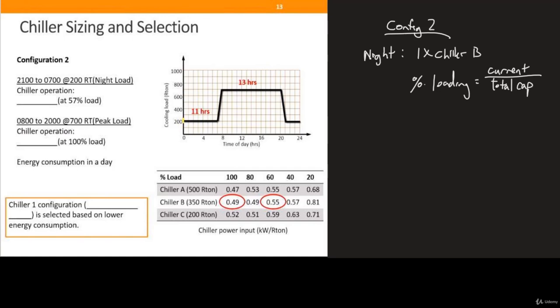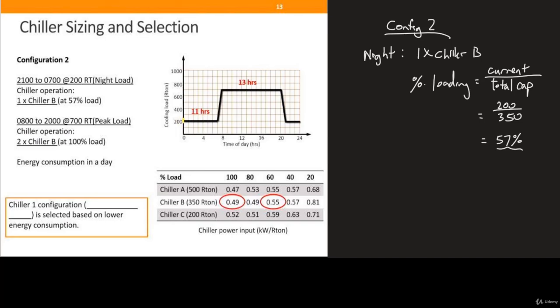Your current loading during the night time is 200, and the total capacity for chiller B is 350. If you multiply by 100%, you should get around 57%. That means at night you are going to operate 1 chiller B at 57%.